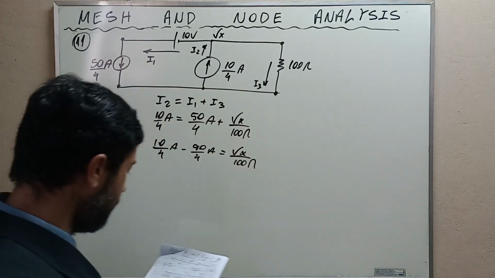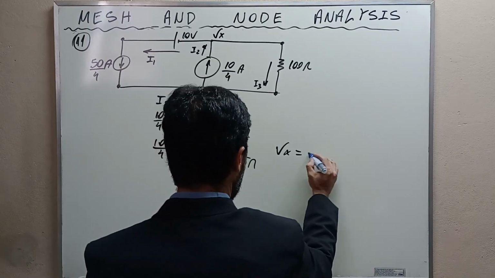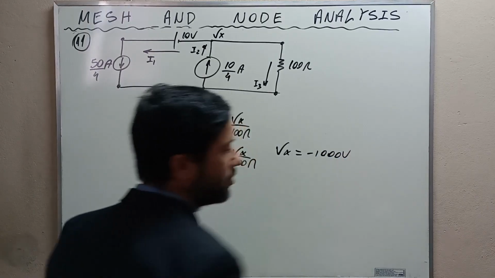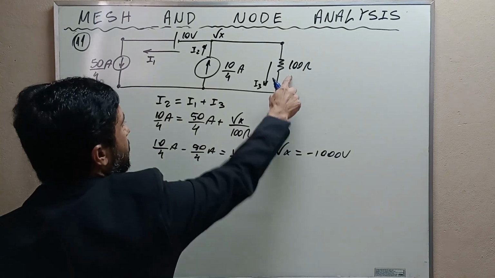If we solve this, we find that Vx is equal to negative 8,000 volts. Okay, this is the value of Vx, negative 8,000 volts. And finally, we can find the value of I3 by simply dividing this by this.